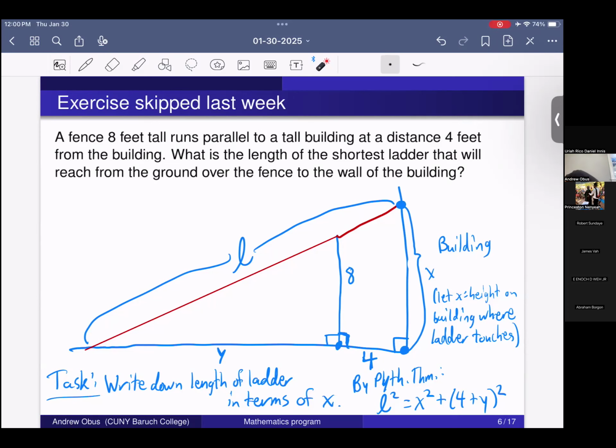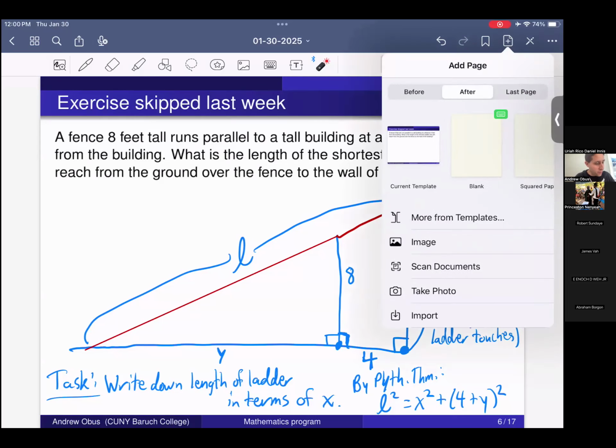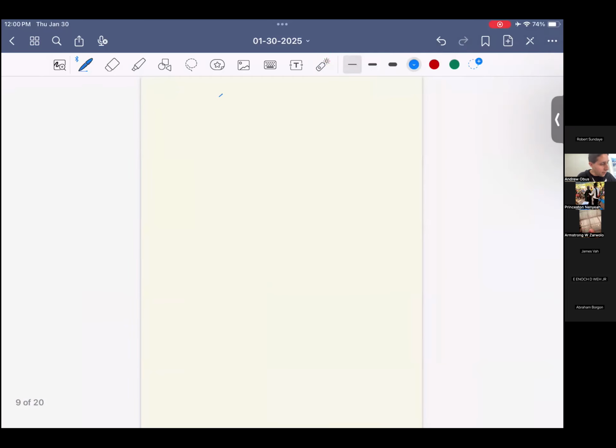And when you have similar triangles, you can write down equations involving the ratios of their sides, right? So this is something that we did last year for those who were involved in the geometry trigonometry part of the curriculum. But similar triangles. Let me just redraw the diagram on another page. So the diagram here is this.